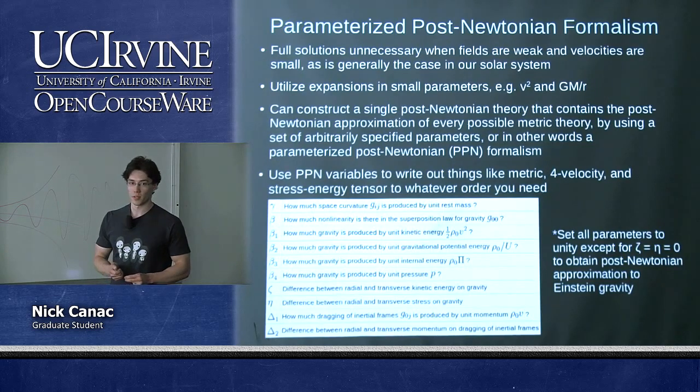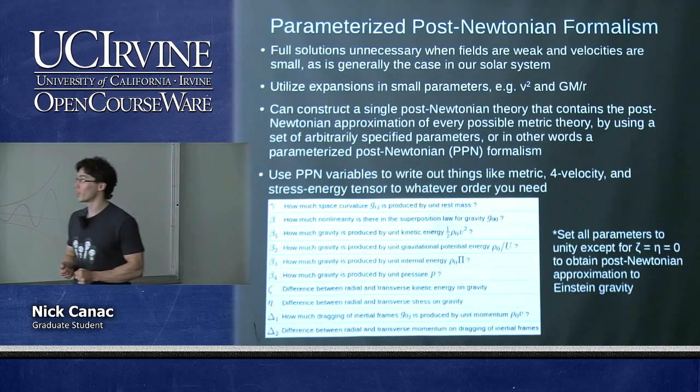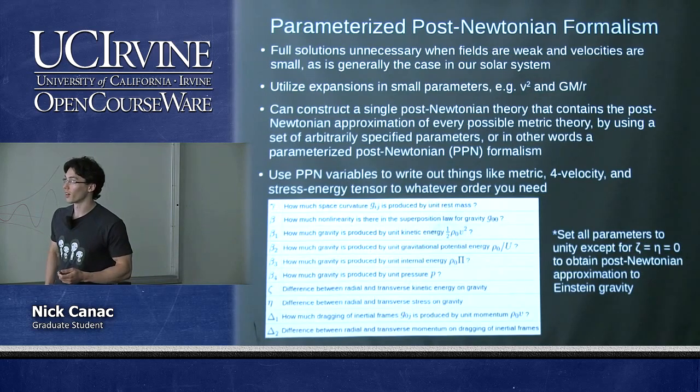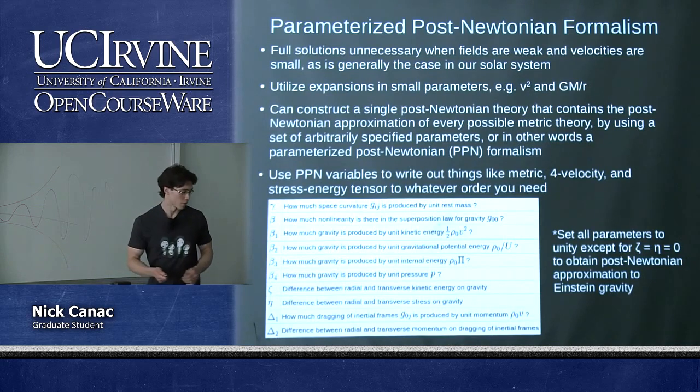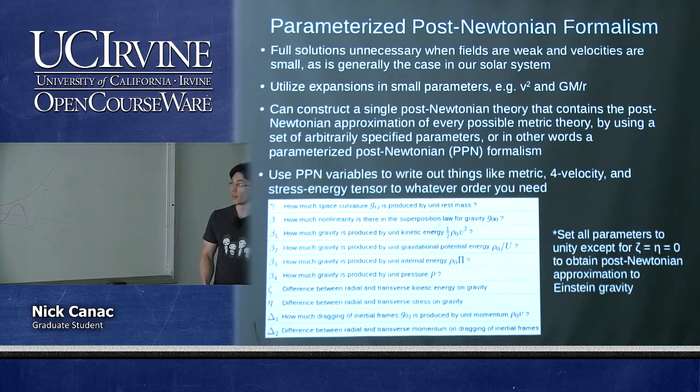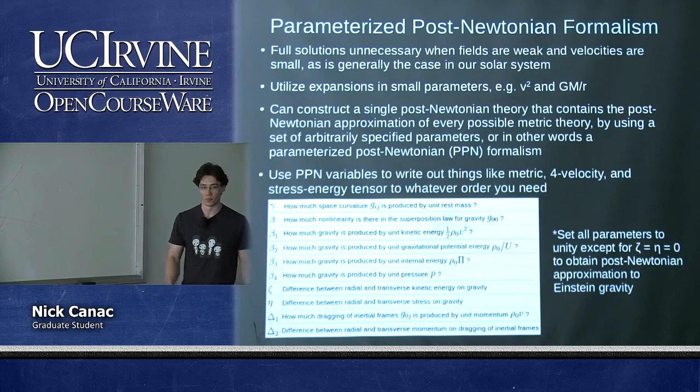So once you've set up your parameters, you can write out the various quantities, like the metric, your forward velocity, your stress energy tensor, in terms of them, and then go about solving whatever equations you need to whatever order you need the accuracy for.